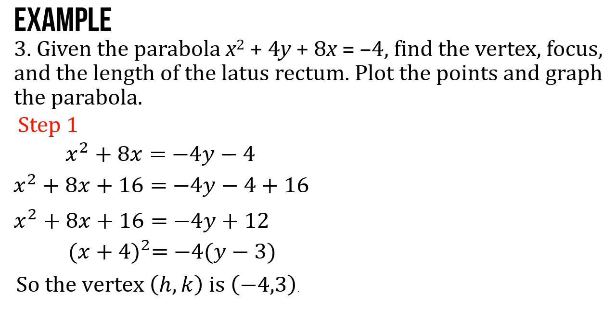If the equation of the parabola is in standard form, we can easily determine the vertex. So here, obviously, the vertex is negative 4, 3, and p is equal to negative 1, because there's negative 4 there.